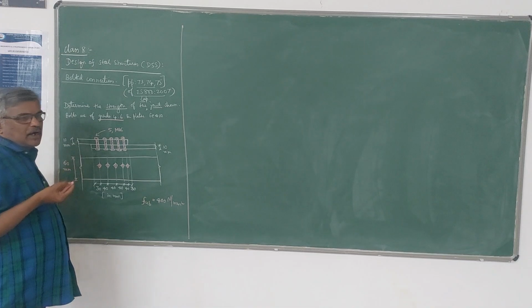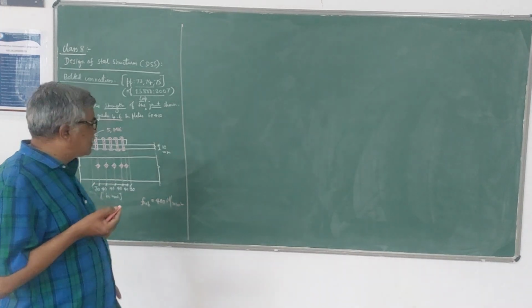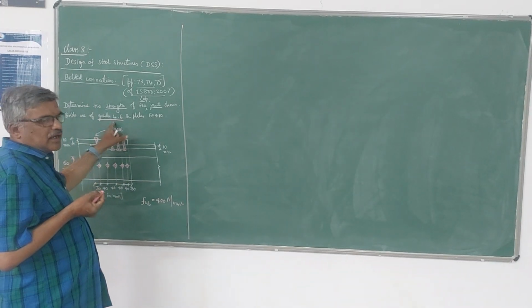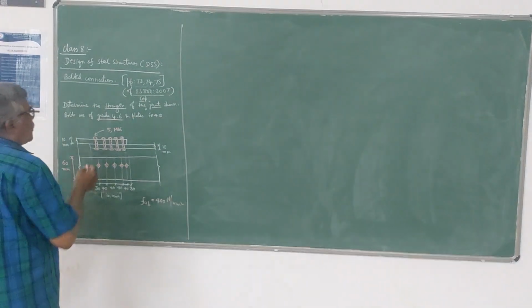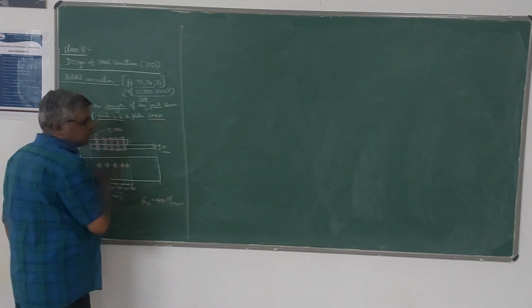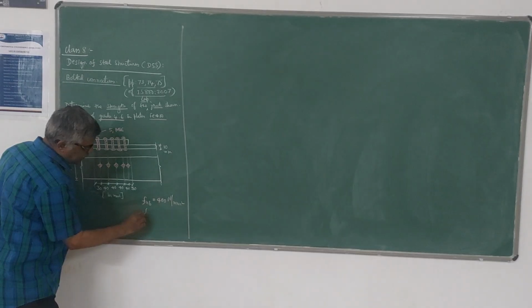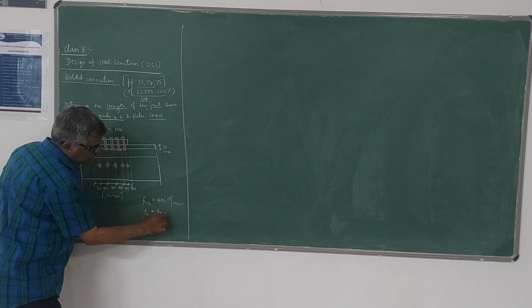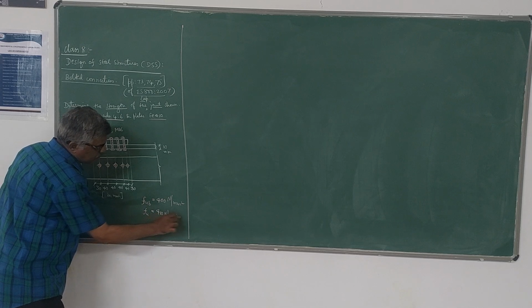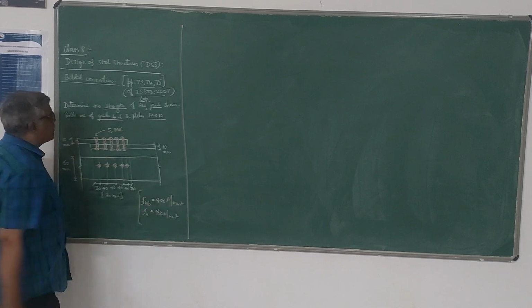They work on the principle of friction, whereas these black bolts work under shear and bearing. For plates, if it is not given, we can take the strength of the plate as 410 Newton per mm square. There is a grade of steel, you can say.